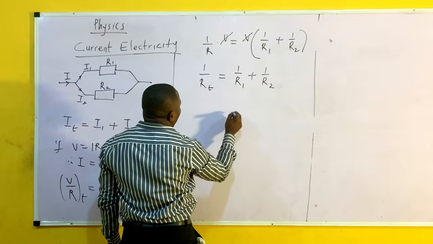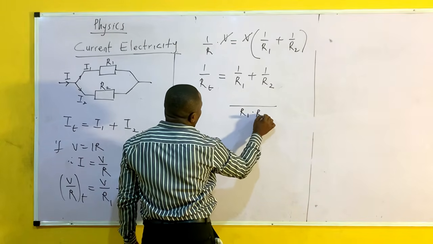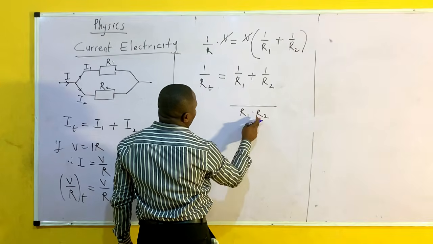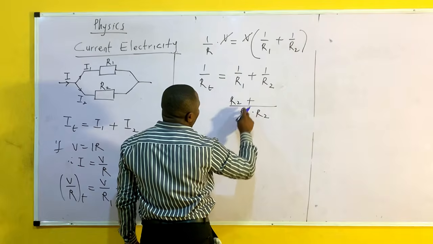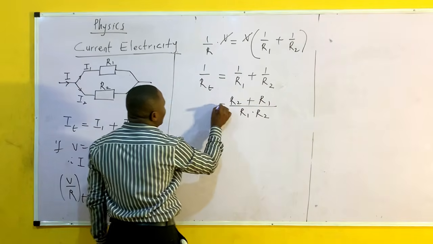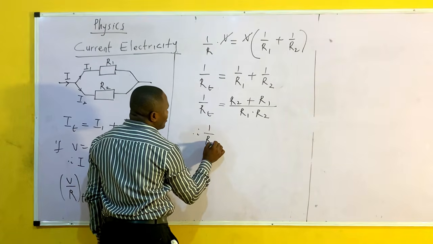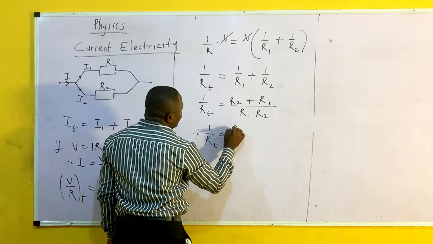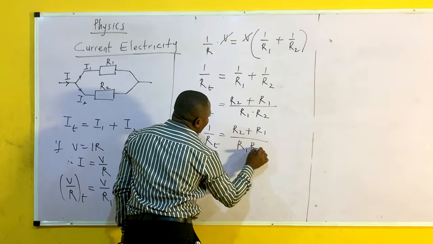If you go further, what's the LCM of R1, R2? It is R1 times R2. This takes this, R2 times 1 is R2, plus this takes this, R1 times 1 is R1. It equals 1 over RT. So I have 1 over RT equals R2 plus R1 over R1 R2.